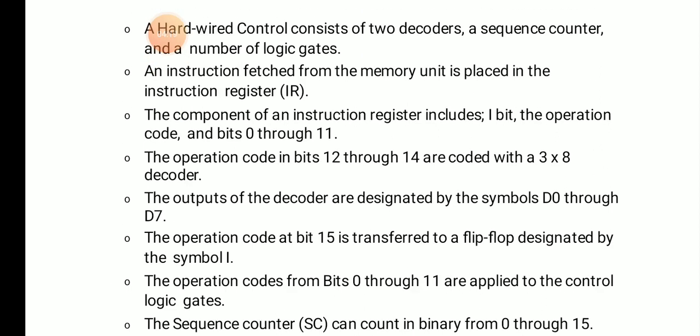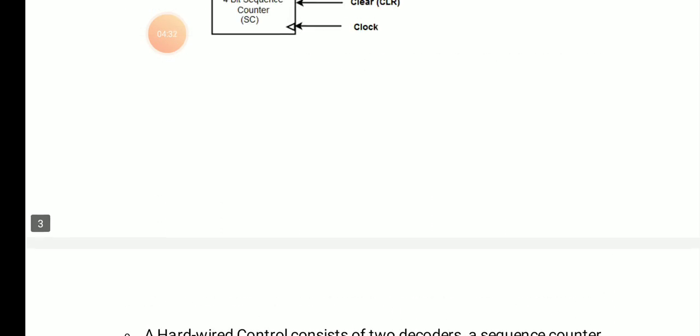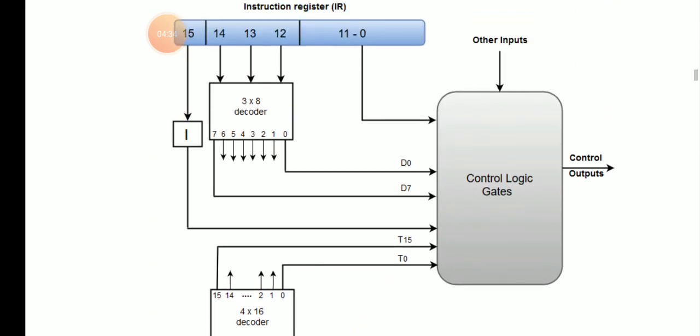The operation code in bits 12 through 14 is decoded with the 3 into 8 decoder. That is the first decoder. The outputs of the decoder are designated by the symbols D0 through D7. You can observe here, the first 3 into 8 decoder, outputs 0 to 7.